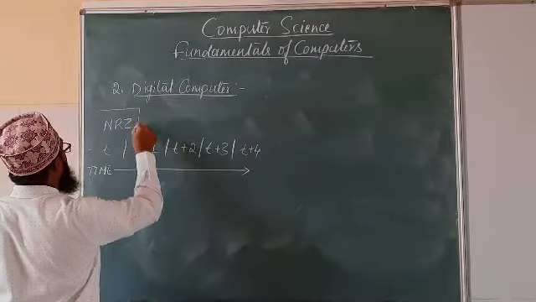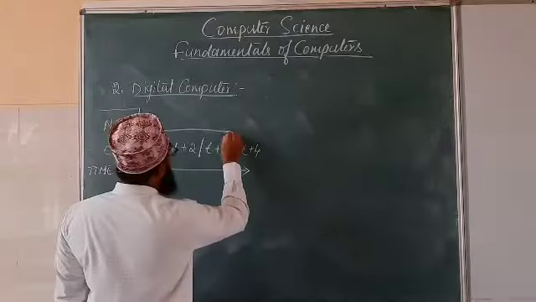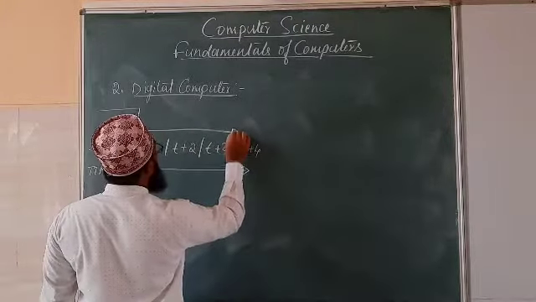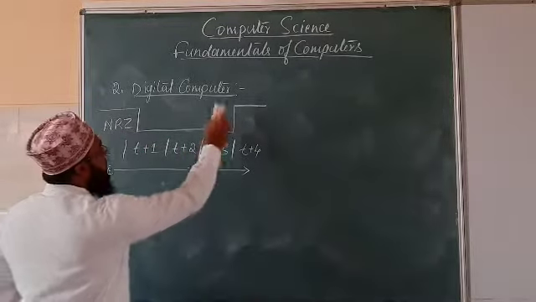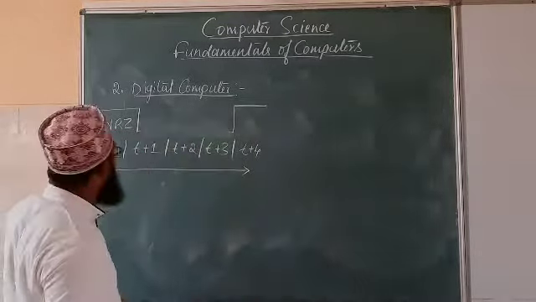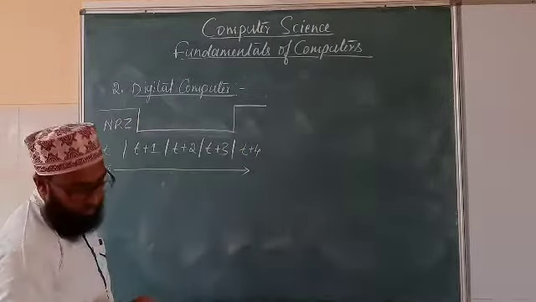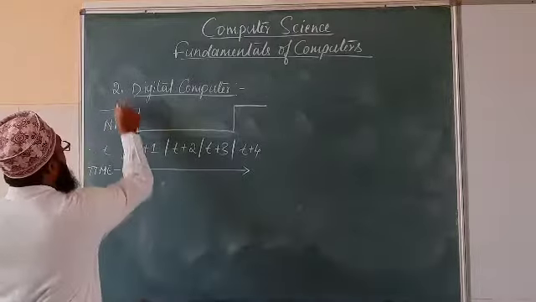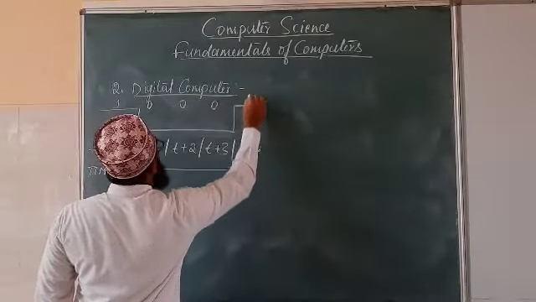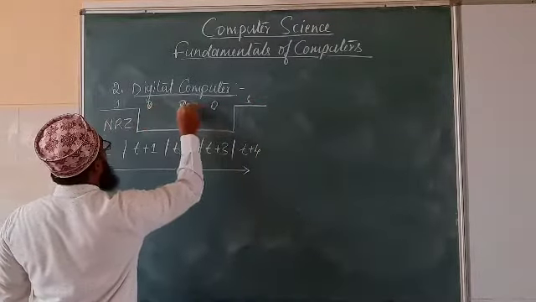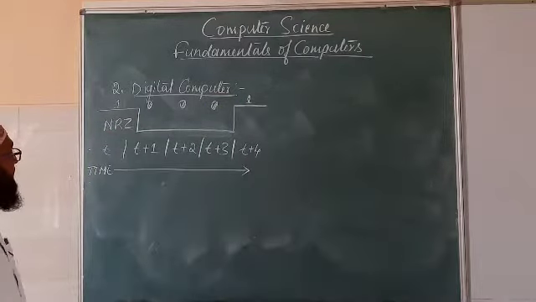Now keep it like this. Don't get confused. This is a straight line. Don't think this as a curved line. This is a straight line. Now after that, here 1, 0, 0, 0, then 0. You put bar like this, then this will become 0.